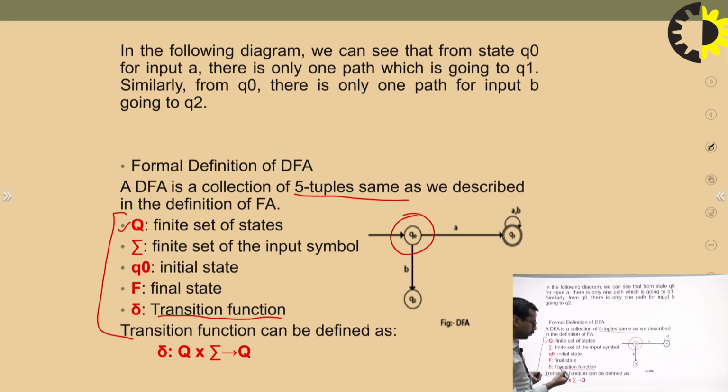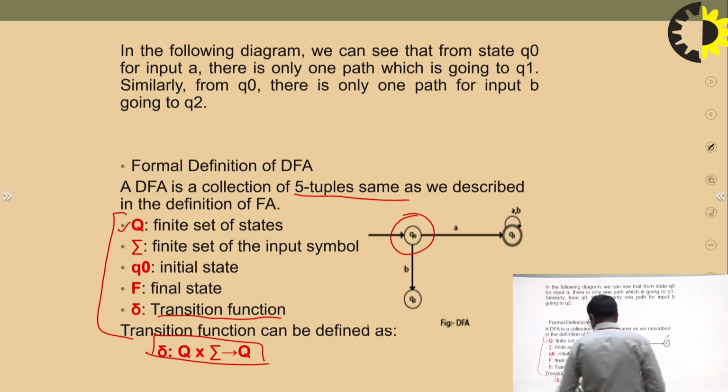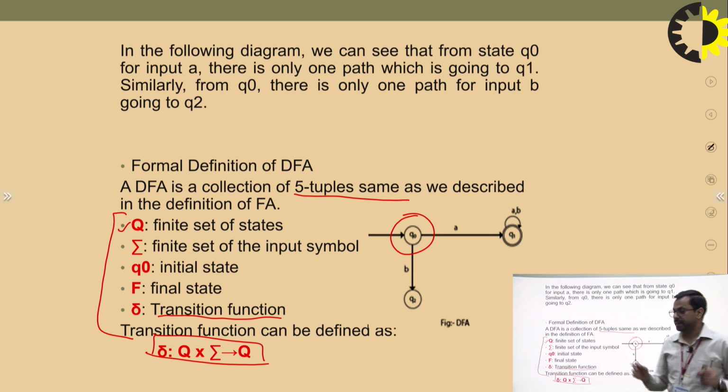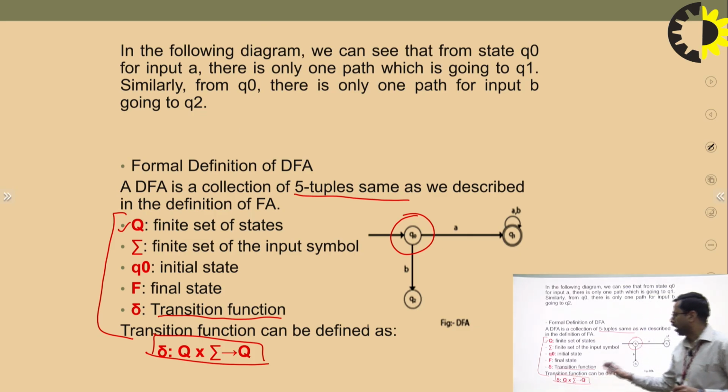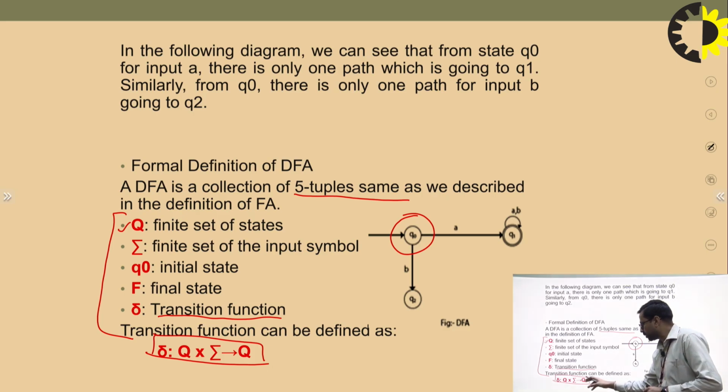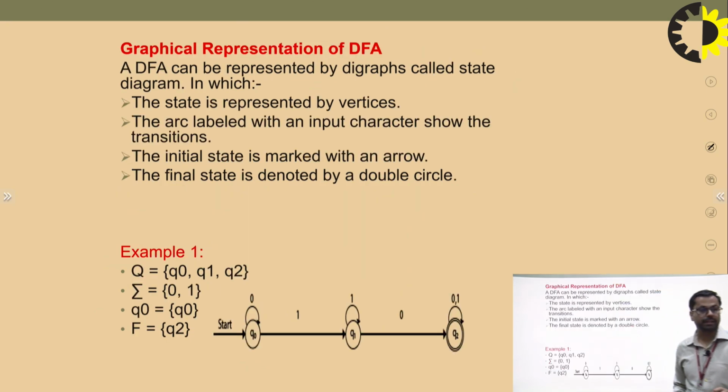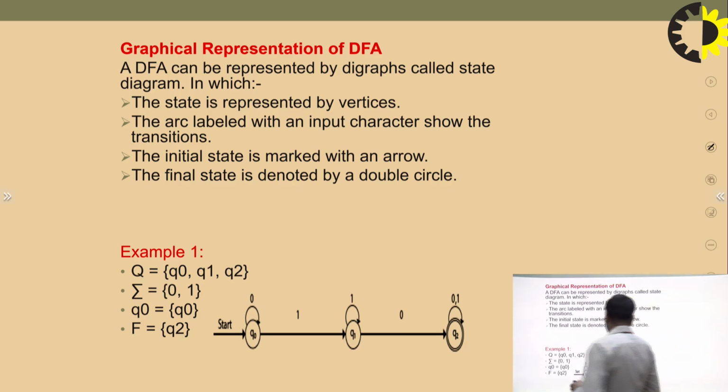So we can say that the transition function can be represented as Q cross sigma drives to the set of Q. That means capital Q represents the set of states, so when we apply any input to a particular state, after processing, we find the next state, which will be a part of the subset of the capital Q set.